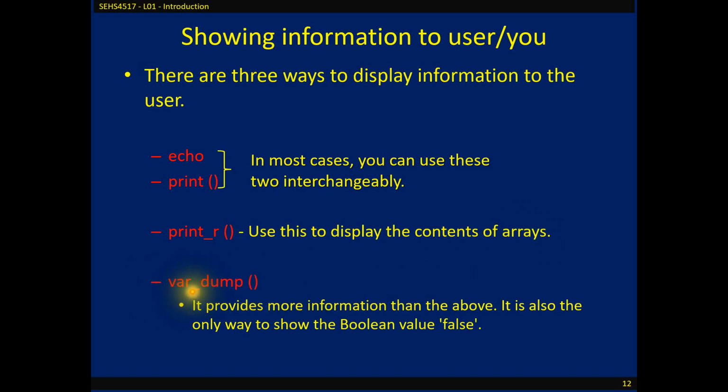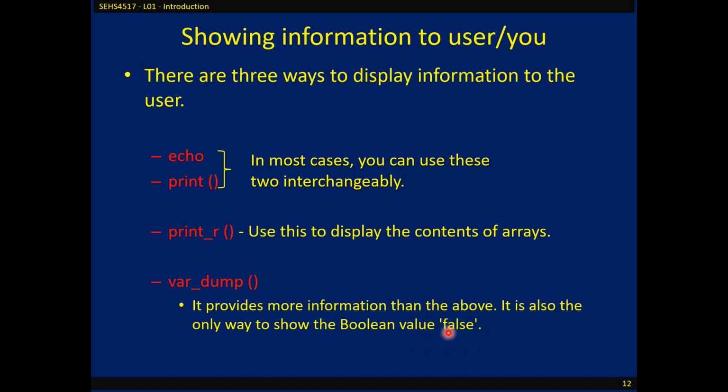var_dump basically serves the same information as echo, print, and print_r, but it's more powerful because it provides more information than the above commands. And it is the only way to show the Boolean value false. Later on in lecture 2, you will understand why this is the case.